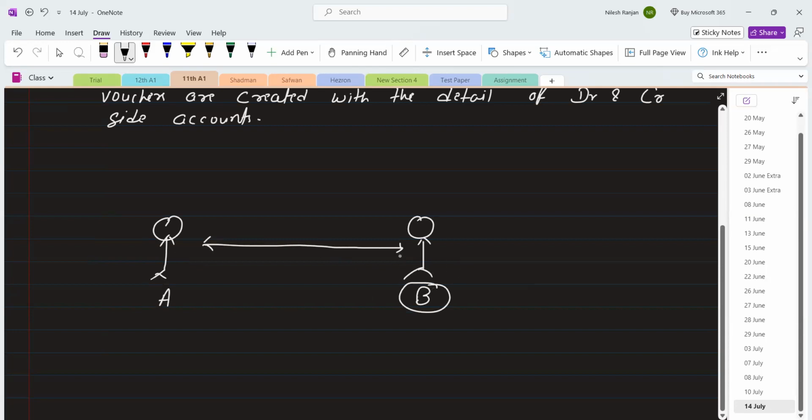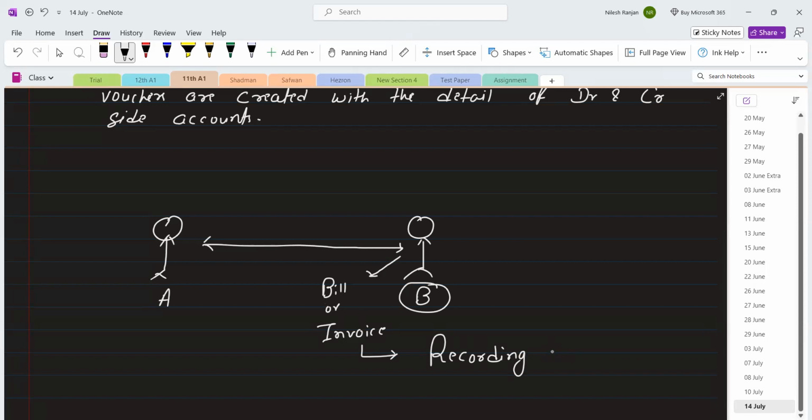Now, if you create a bill or invoice, you will create it according to your recording requirement, meaning how you record transactions in your books. On the basis of that, you will create this bill or invoice. What information you need at the time of recording, you will put all that information in your invoice.